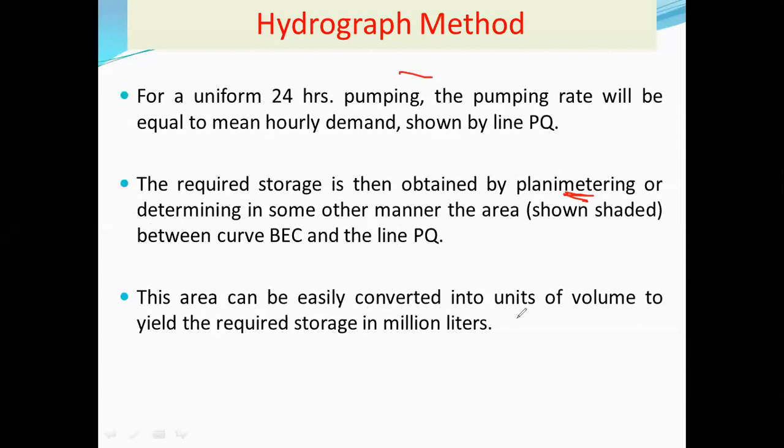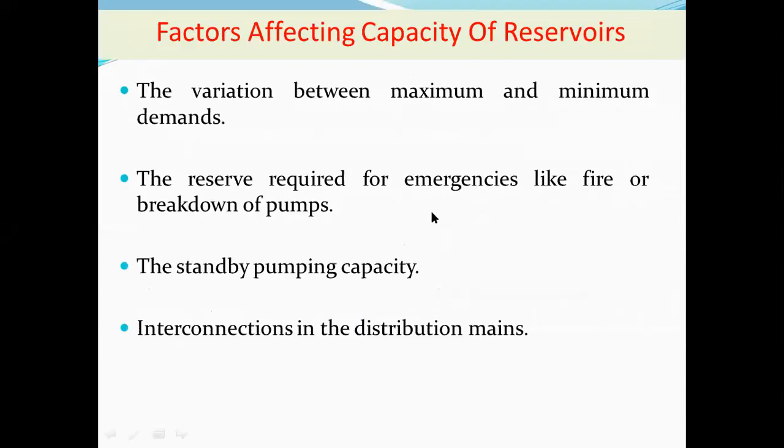This area can be converted into units of volume to yield the required storage in million liters. So we can find the volume. Once you get the area, then we can find out that volume, and that volume is nothing but the storage capacity of the reservoir. Okay.